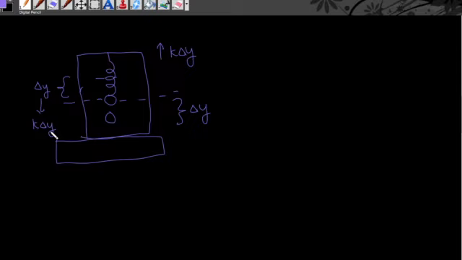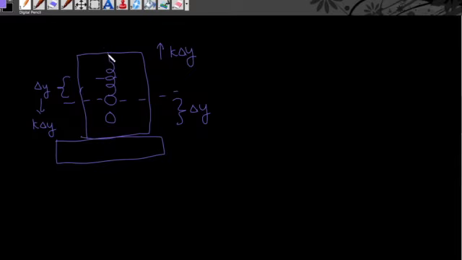I don't know, this is a bit of a tricky conceptual one. Okay, so if it's stretched all the way and there's a force k delta y, the spring is attached to the box here, and the box is what's keeping the spring from detaching.